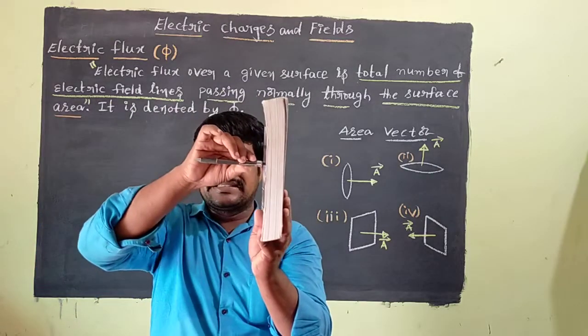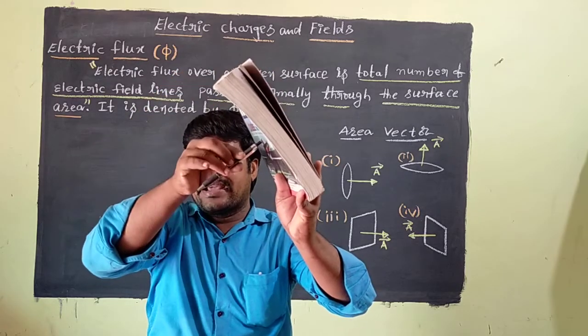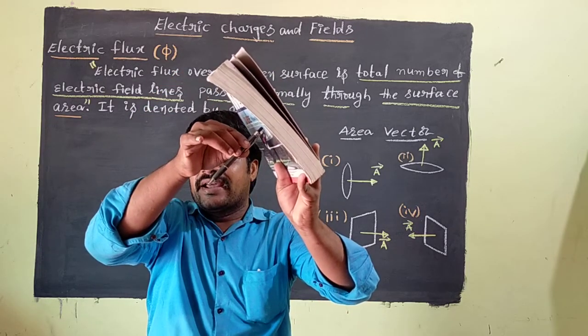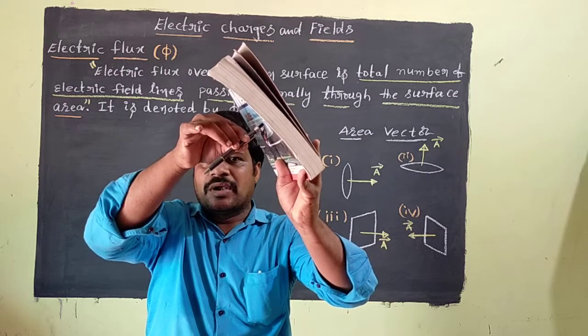Suppose the surface is tilted like this, then what is the direction of the area vector? The direction of the area vector also tilts a little bit from the actual one.